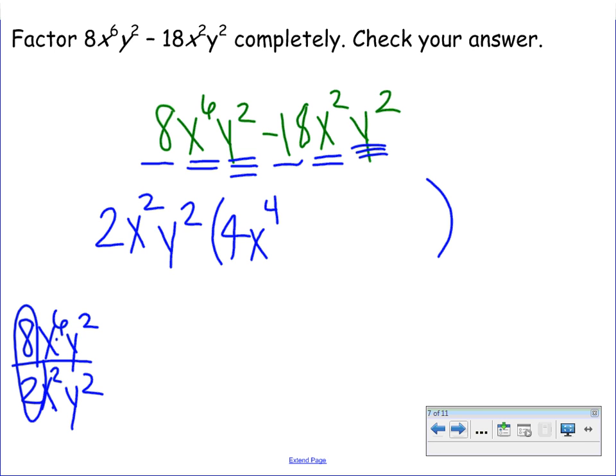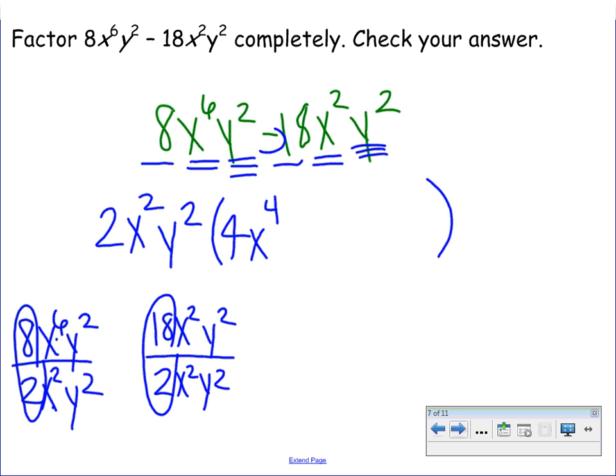So we get 4x to the 4th there, and now I'm going to do 18x squared y squared divided by 2x squared y squared. 18 divided by 2 is 9, and I notice this negative sign. So minus 9. X squared divided by x squared is 1. Y squared divided by y squared is 1. So those all go away. So that's all I have.